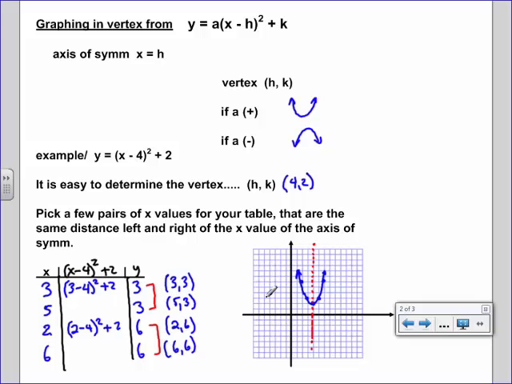And we're done, and there's our parabola. So again, when it's in this form, it's easy to quickly get the vertex by looking at what value is in for h and for k. In this case, it was 4, 2.